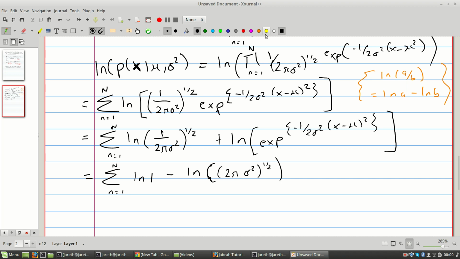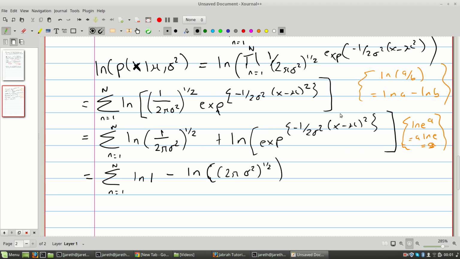So again, this is another rule: ln e to the a is equal to a ln e, which is equal to 1. Sorry, what am I saying? So it's equal to a. That's another rule we're making use of here.